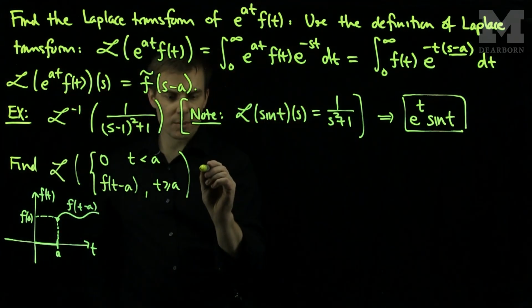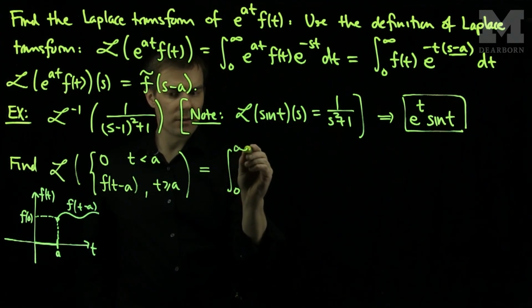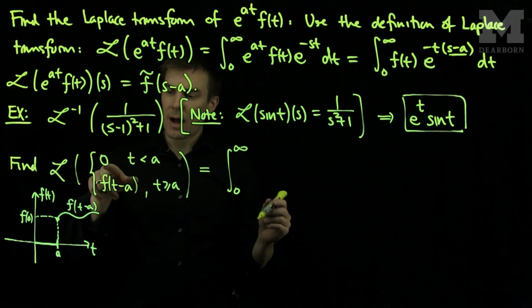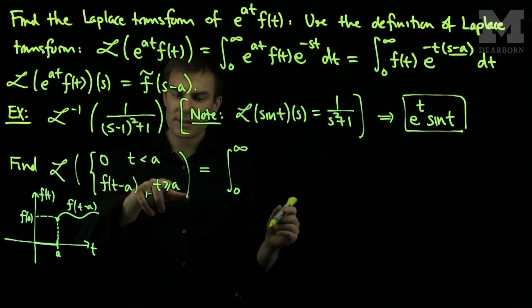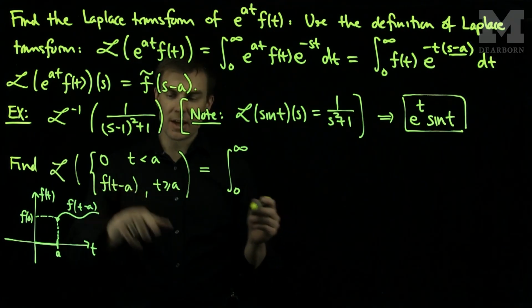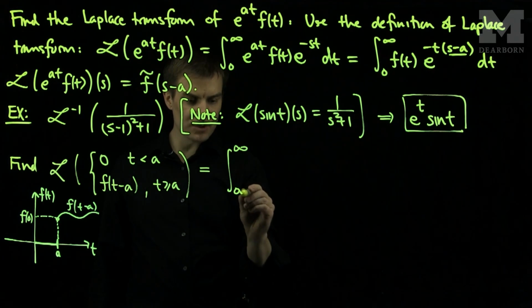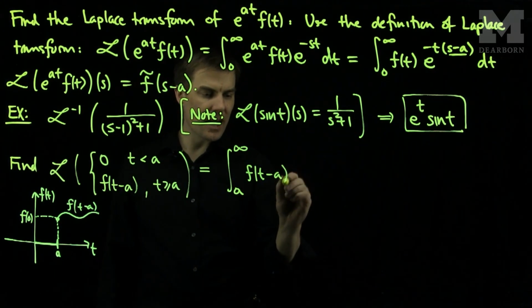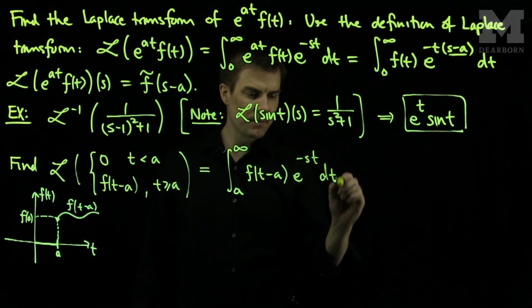So the Laplace transform of this function will be the integral from 0 to infinity of, well, let's think what happens. I'll have 0 up to time a, and past time a, I will have f of t minus a. So I don't start at 0, I will rather start at t equals a, and then I will have f of t minus a e to the negative st dt.